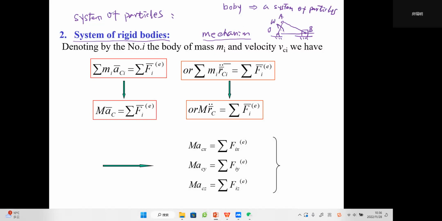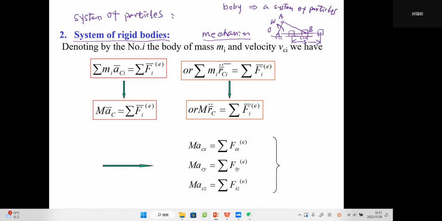We call this a crank slider, because OA can rotate around point O through 360 degrees, and AB will have plane motion, and point B will always move left and right along the horizontal trajectory. We can find its leftmost position and rightmost position and denote them with lengths. We have a lot of such mechanisms in our engineering field.